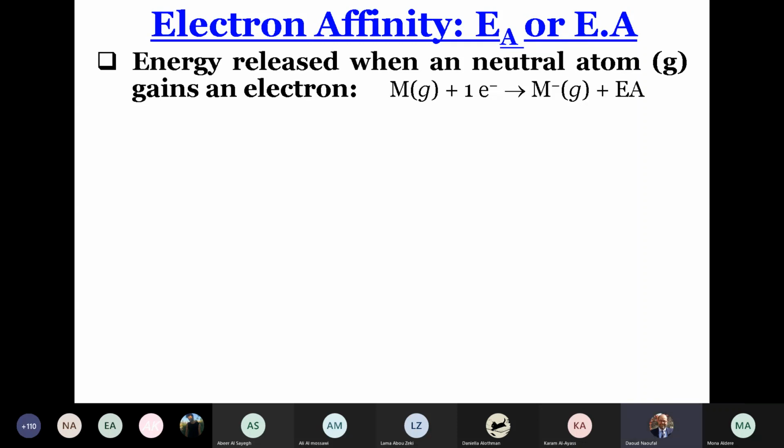The electron affinity is the energy to add an electron to an atom in the gas state. So if we have M gas plus one electron, that gives M minus gas. The energy of this process is called the electron affinity.